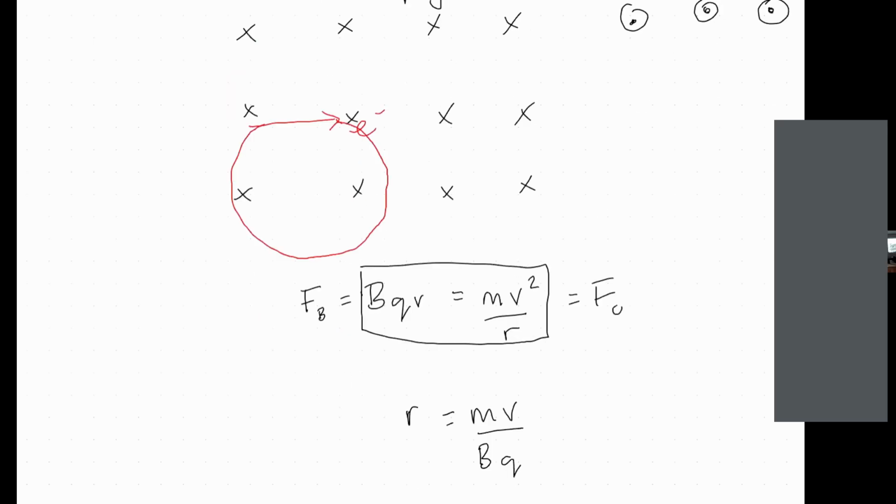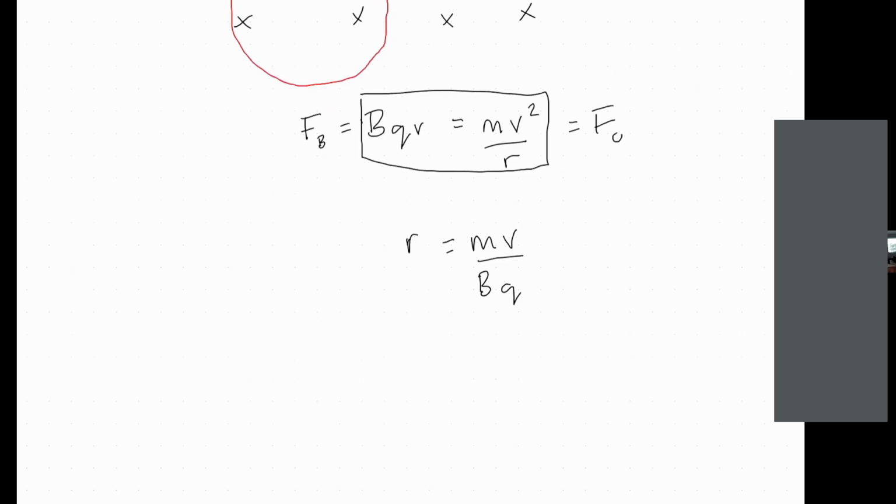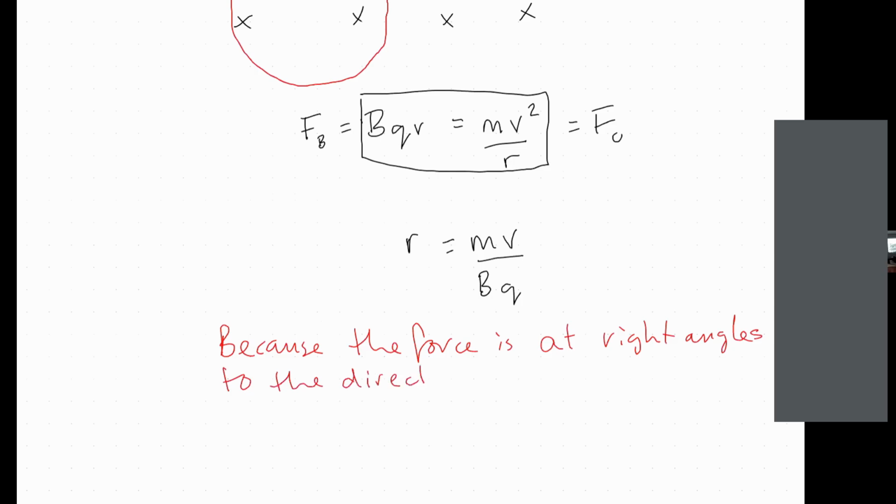But the thing that most people forget is that because the force is at right angles to the direction of motion, and it's always at right angles to the direction of motion, by definition, because of Fleming's left-hand rule, it can't affect the speed.